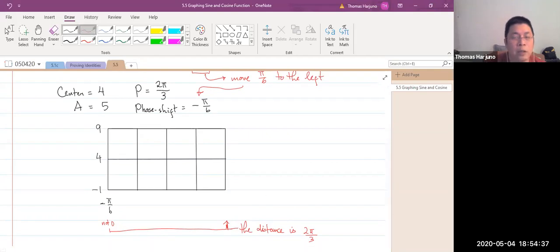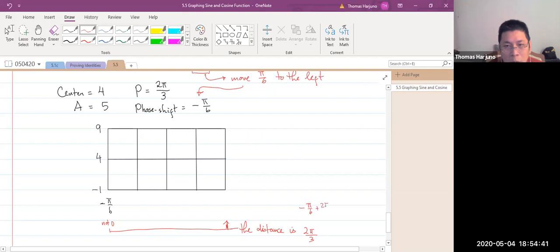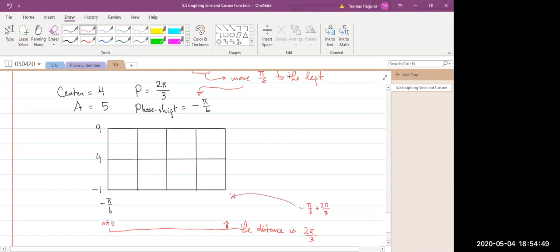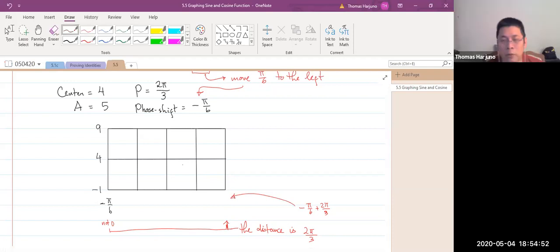That will be negative pi over 6 plus 2 pi over 3. I think you will get pi over 2. Is that right? Yeah. 3 pi over 6, that's pi over 2.